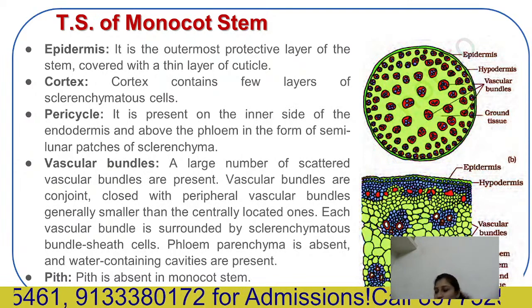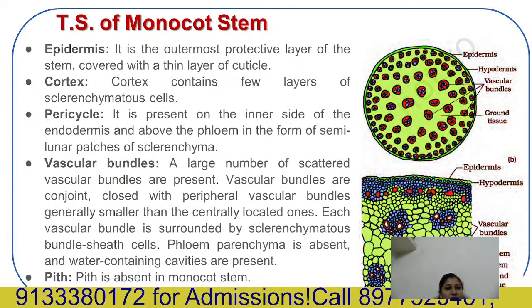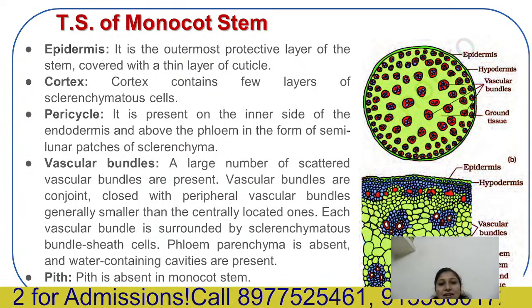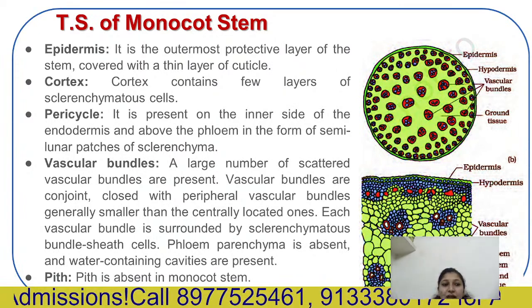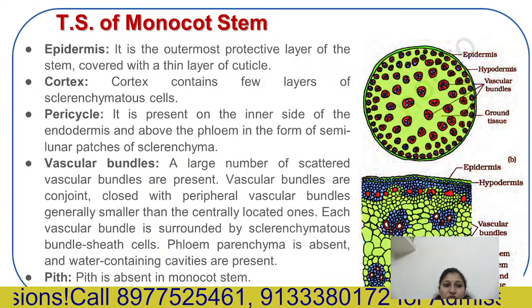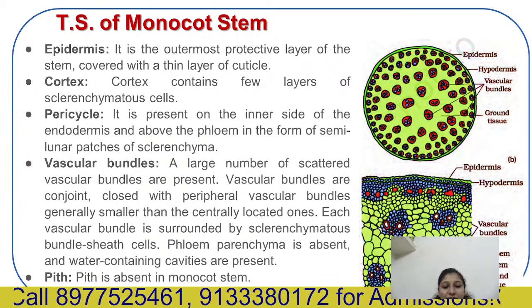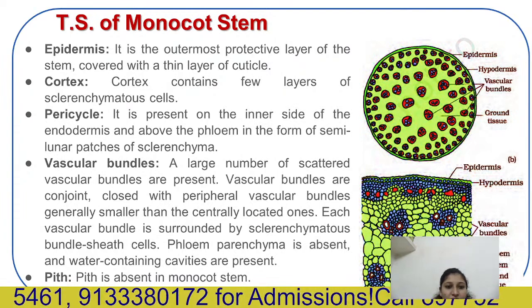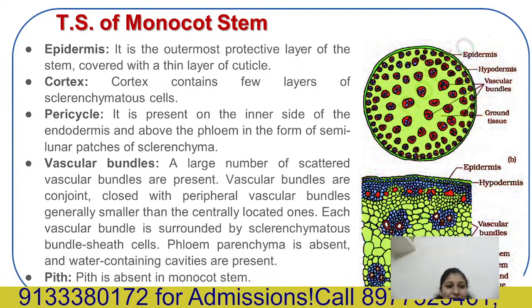So in case of monocot stem, epidermis, it is the outermost protective layer of the stem and covered with a thin layer of cuticle again. Cortex contains few layers of sclerenchyma cells. Then pericycle is present here. It is also made up of sclerenchyma.